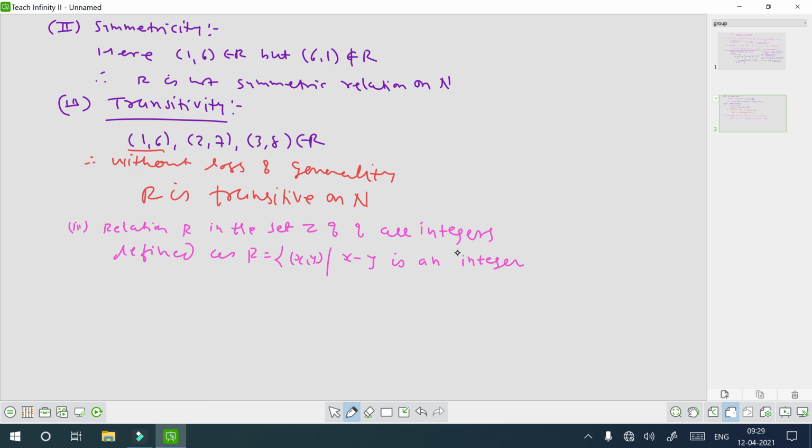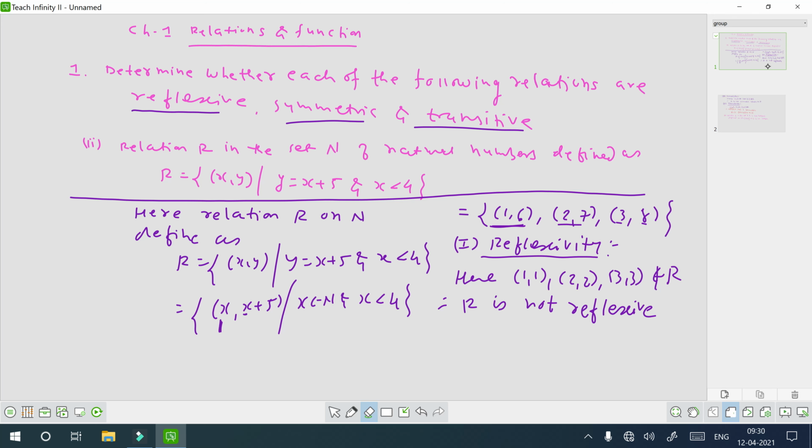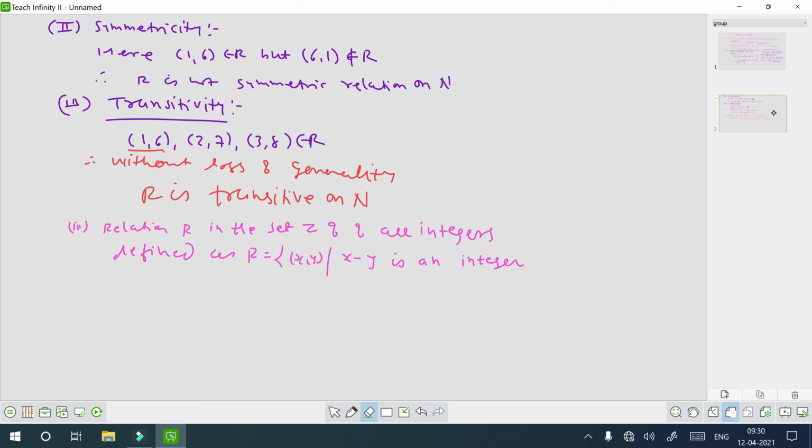See, here it is not possible to list out the relation in set notation form, like this one. It is not possible here because it is an infinite set defined on set Z. Clear?